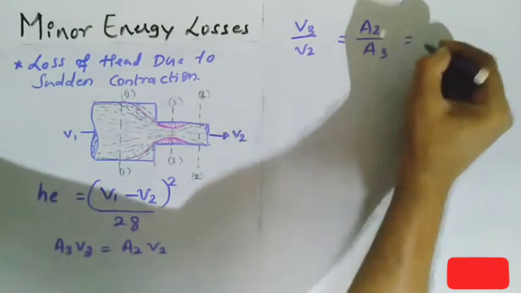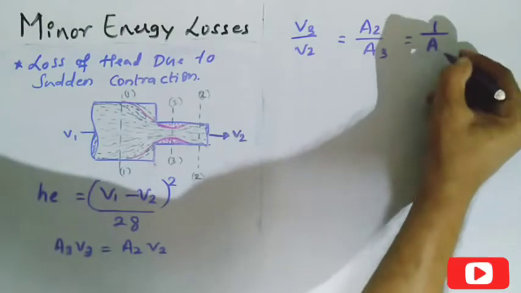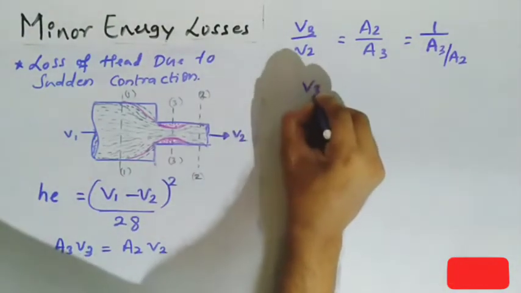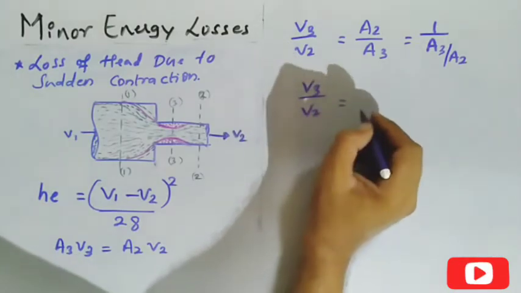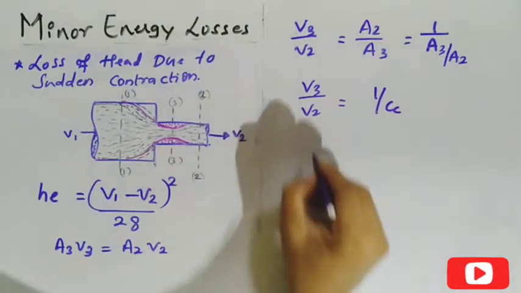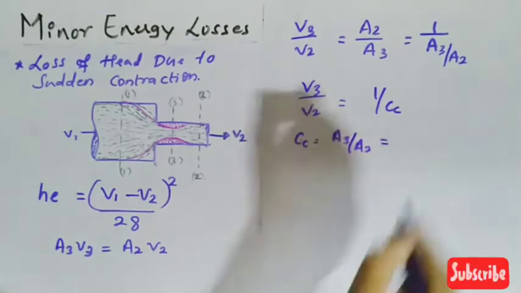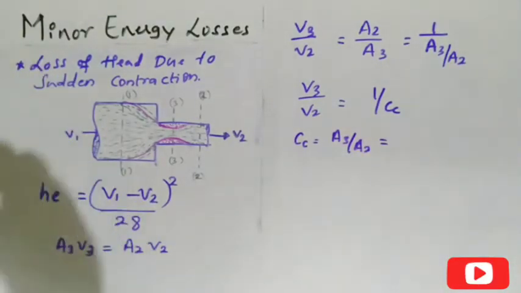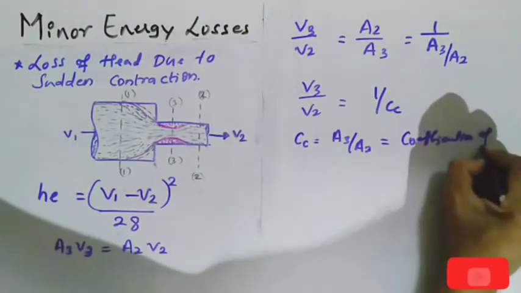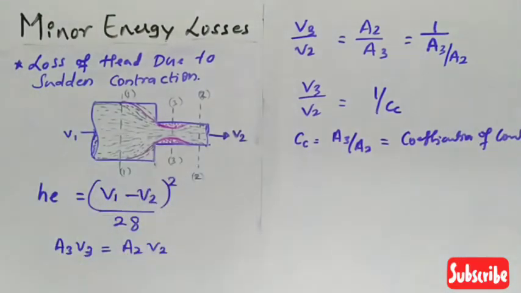So I can write it in terms of A3 by A2, then this V3 by V2 will be equal to 1 by Cc, where Cc, that is A3 by A2, is the coefficient of contraction.